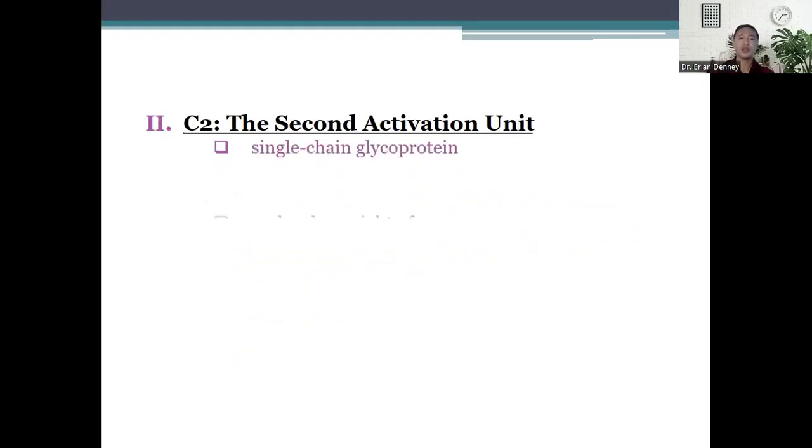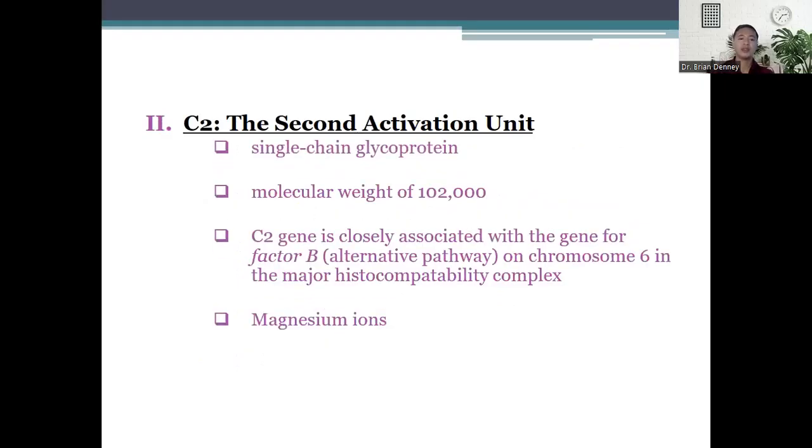So C2, once activated by your C4b, meaning, I mentioned this already, that protein now has an enzymatic activity.